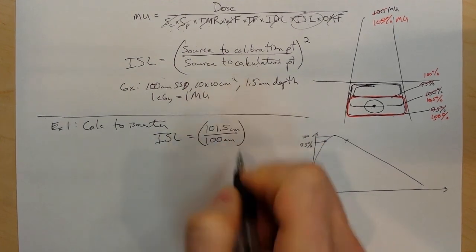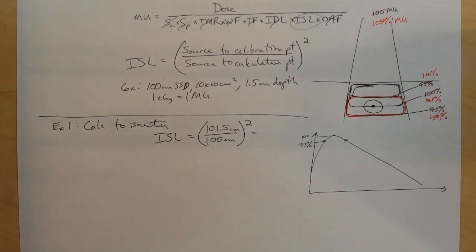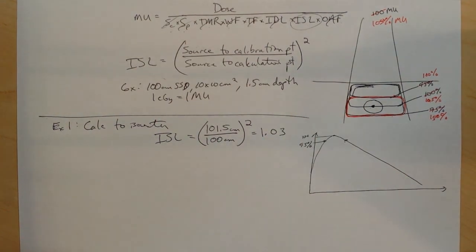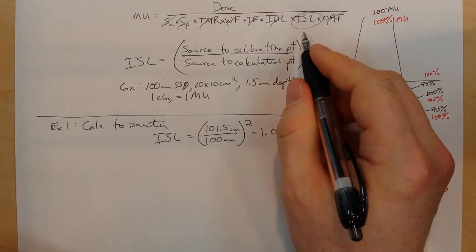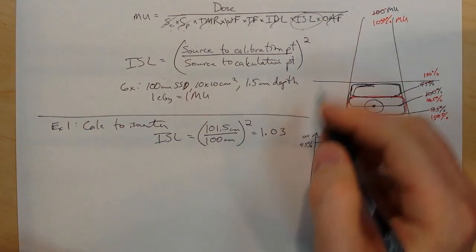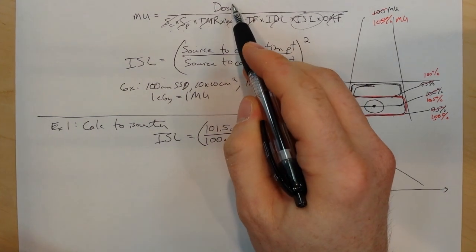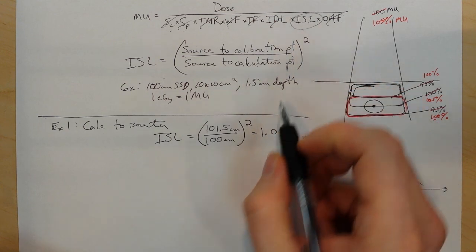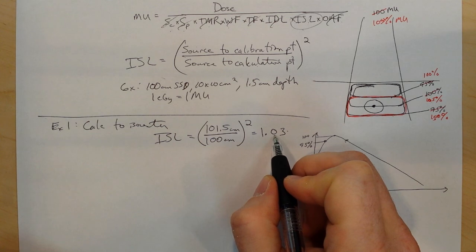It's at the axis distance. This squared. So you get 1.03. So my inverse square law factor is 1.03. Well, what that means is I take the dose, if I have a number divided by a larger number, I get a smaller number. So my monitor units need to be adjusted lower to account for the inverse square law.